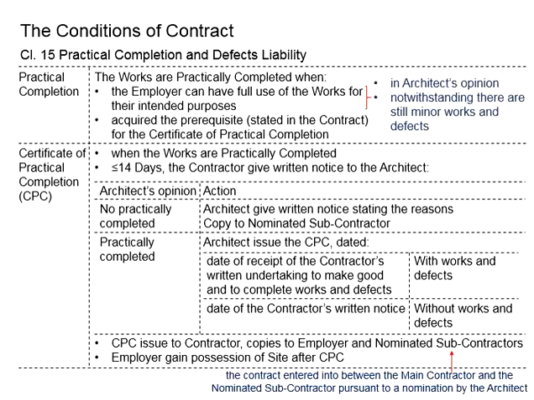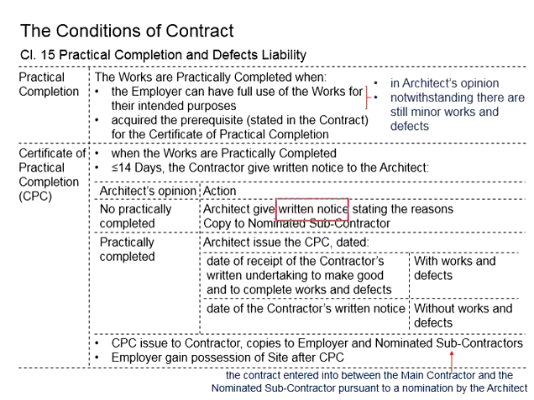Let's say now in the opinion of the architect, the works are not practically completed. The architect will need to give written notice stating the reasons. Where are the areas not properly completed?